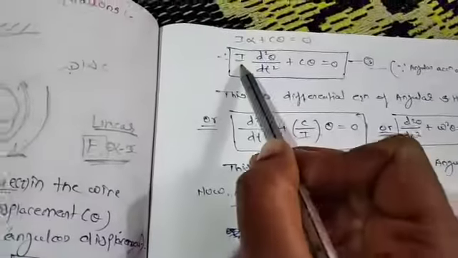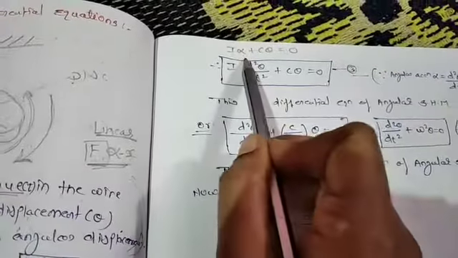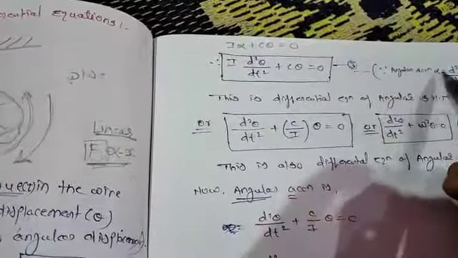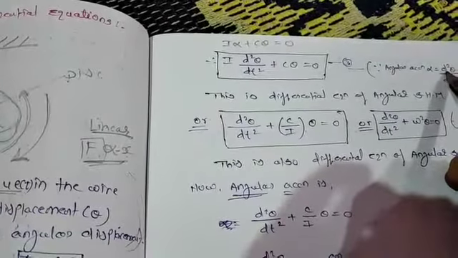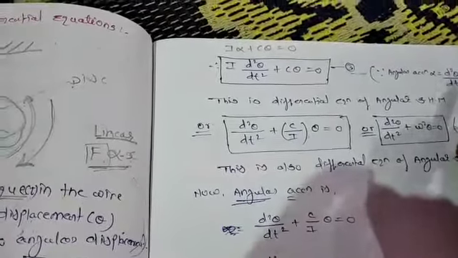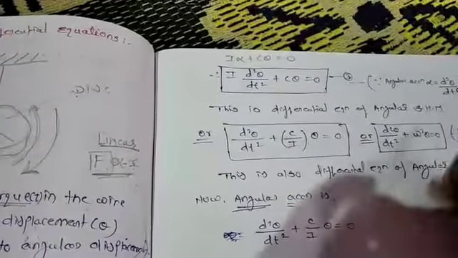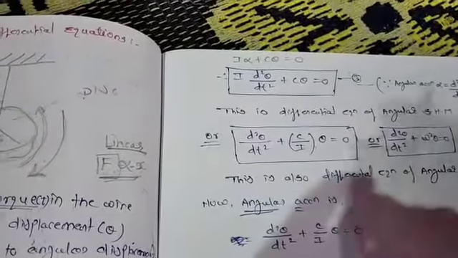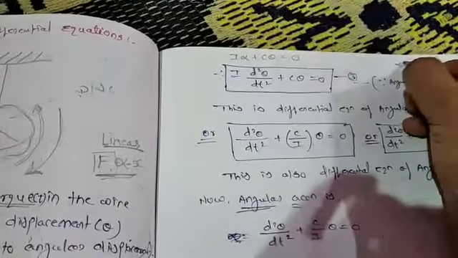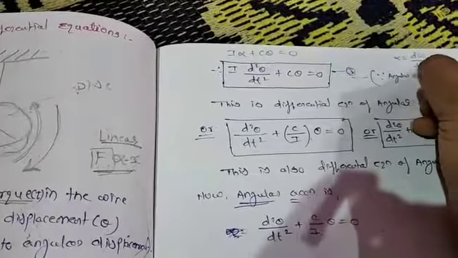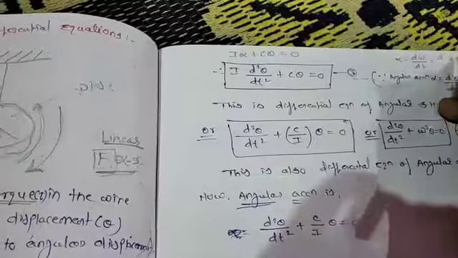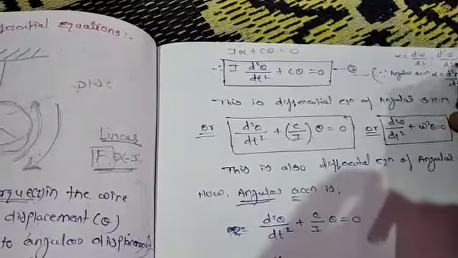So here we'll put some values. What is alpha? The angular acceleration is nothing but d square theta upon dt square. Actually it is d omega upon dt, so it will become d square theta upon dt square.